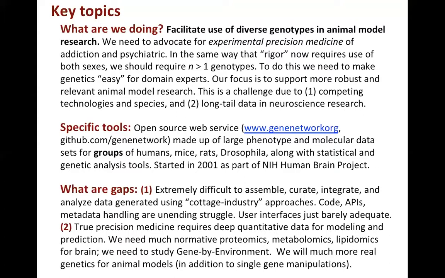What are the gaps? So here I have a list of some of the gaps. This will be obvious to many of you who hang out here at NIF. It's extremely difficult to assemble, curate, and make sense of all these data sets because, again, of this cottage industry approach. Maintaining code is a constant battle.